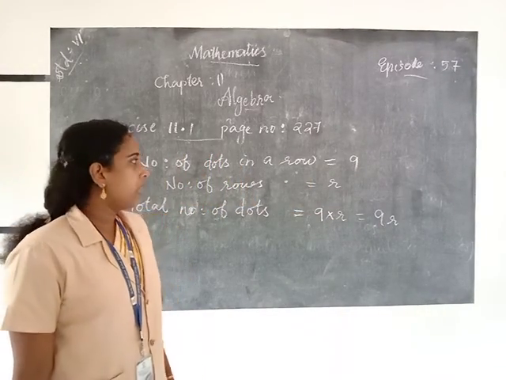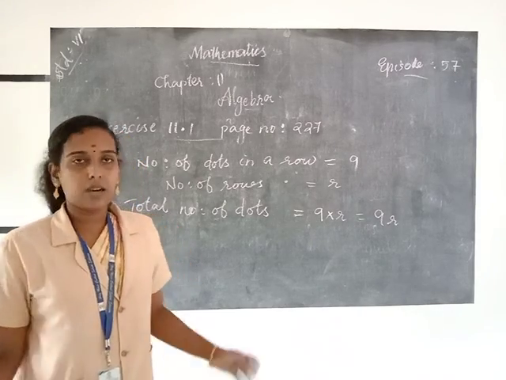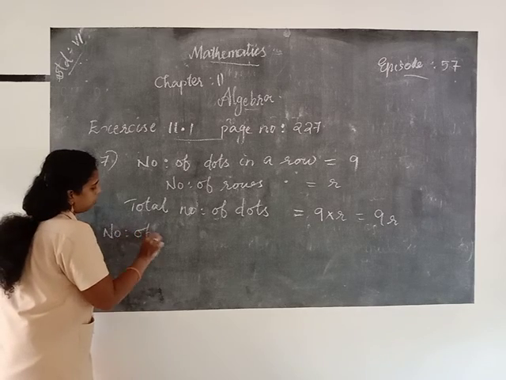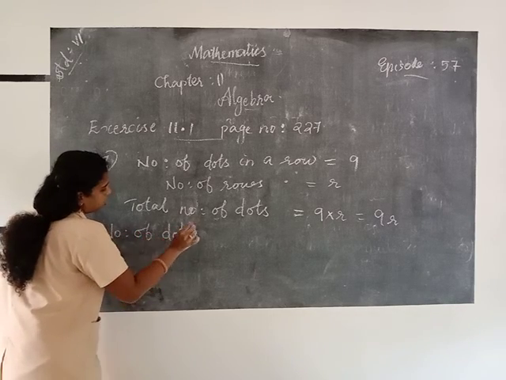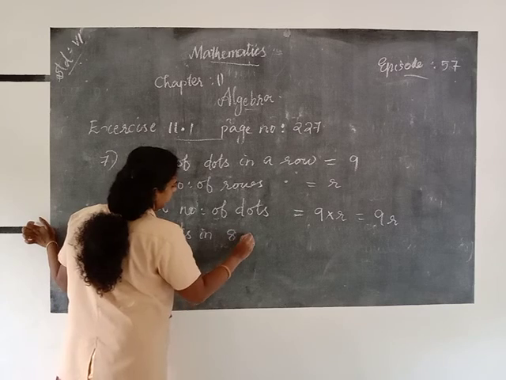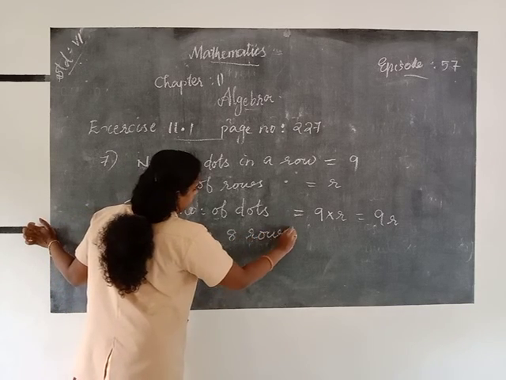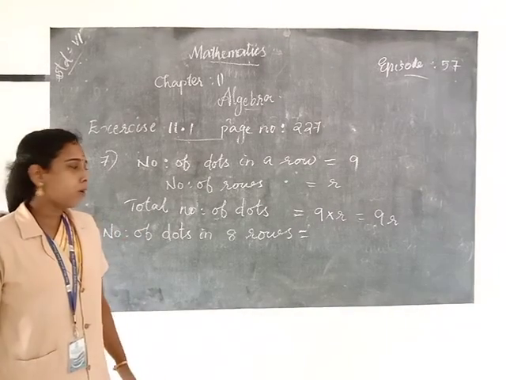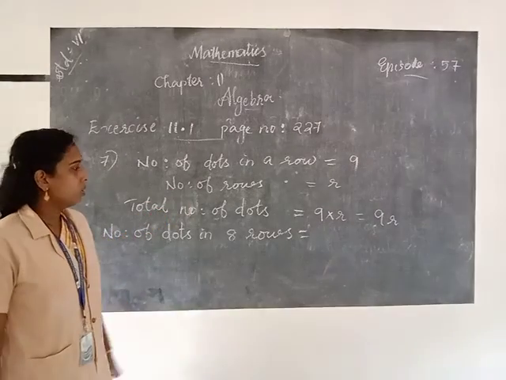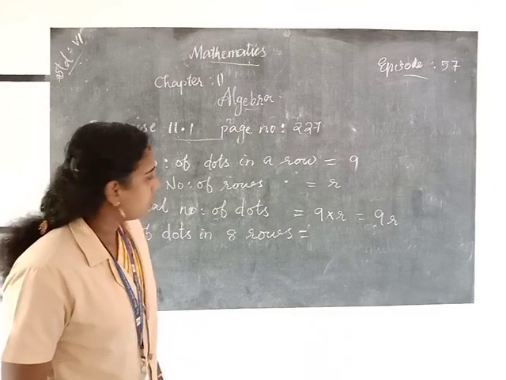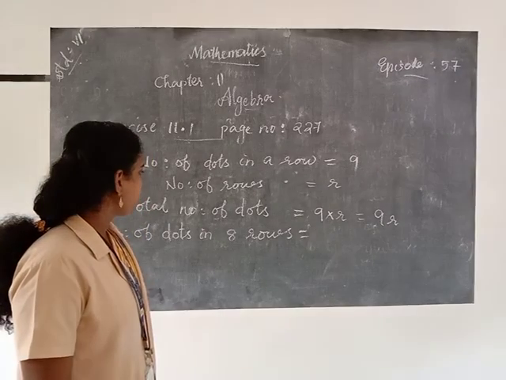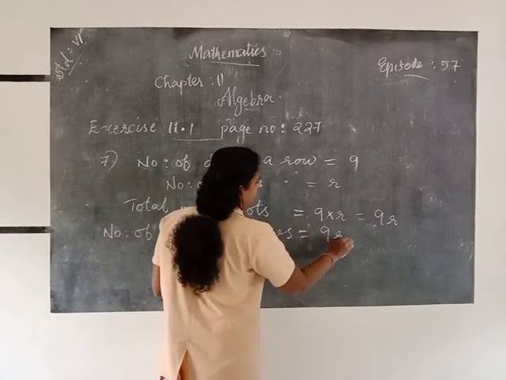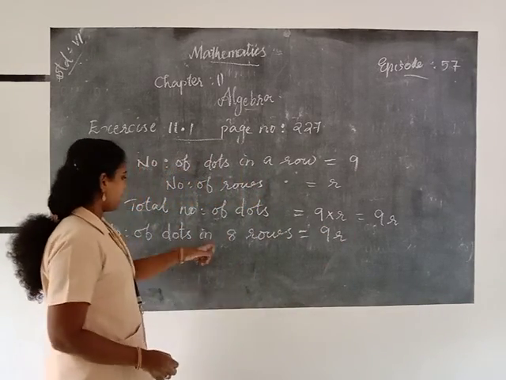Then we want to find the number of dots in 8 rows. The equation is 9r, where r is the number of rows. So here r is equal to 8.